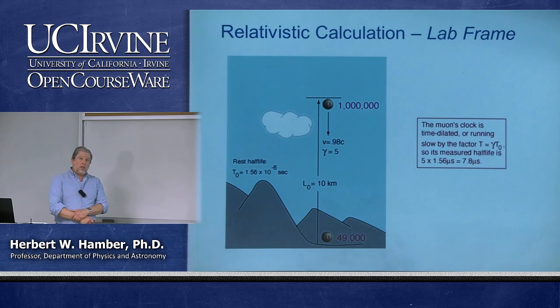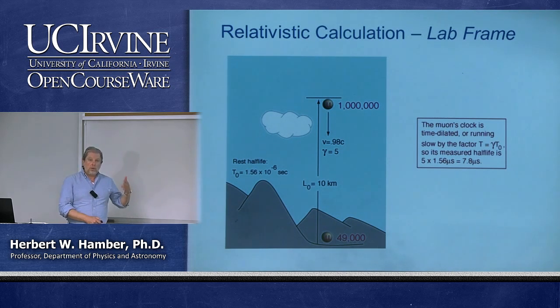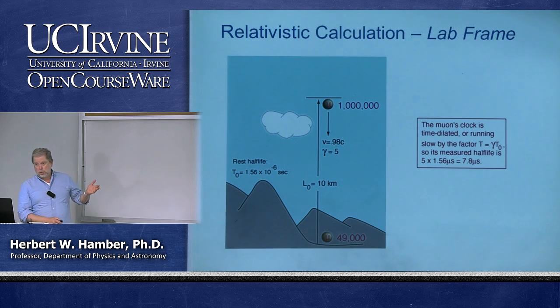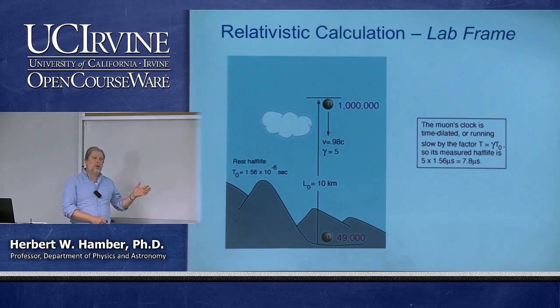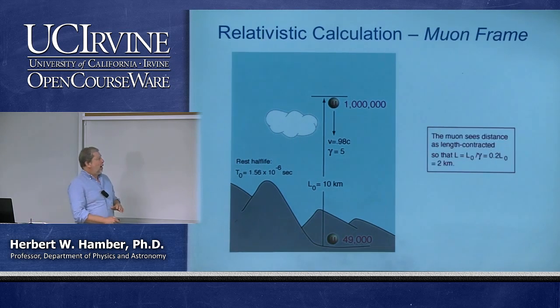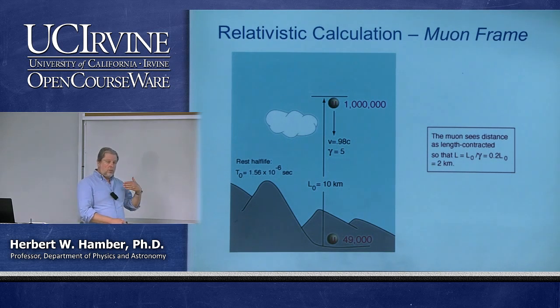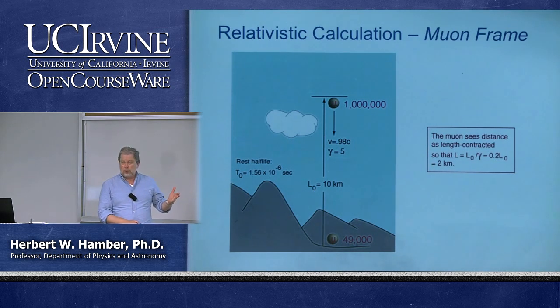What is interesting in this particular case is that you can view this process from the lab frame, but because of the ultimate democracy of special relativity, you can view it from another, equivalent reference frame, just as good, which is a rest frame attached to the back of the muon. In the muon frame the end result is of course the same, but instead of time dilation, because the muon is moving so fast, you have length contraction.